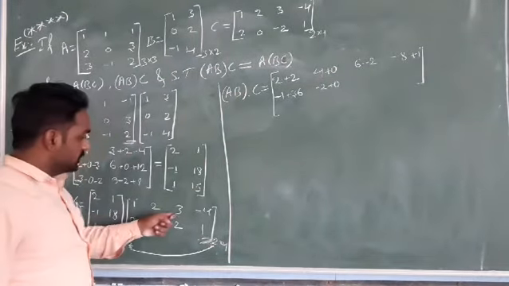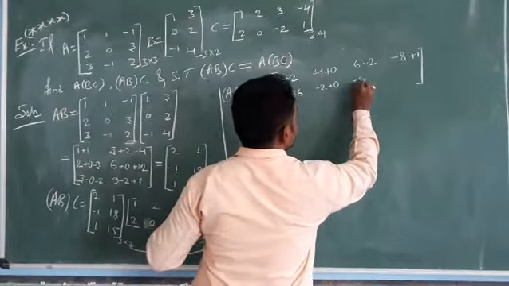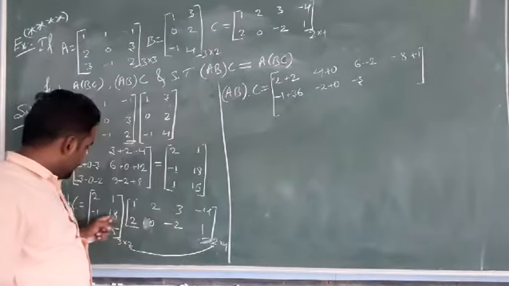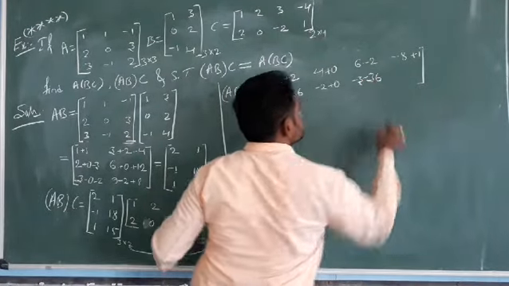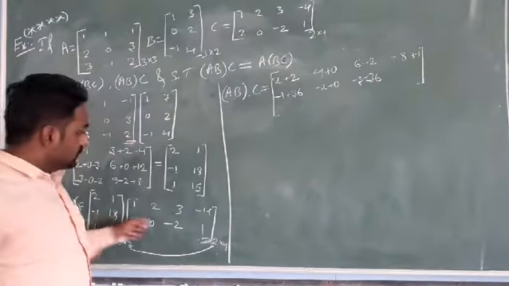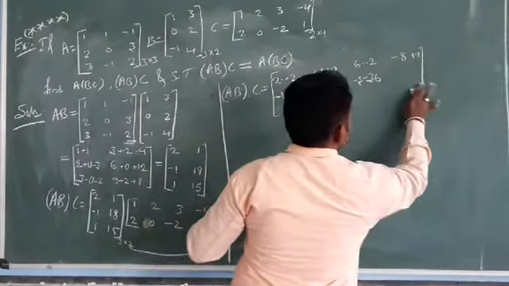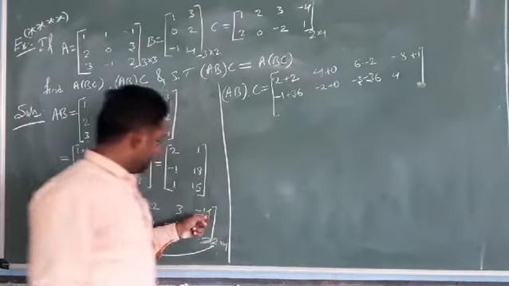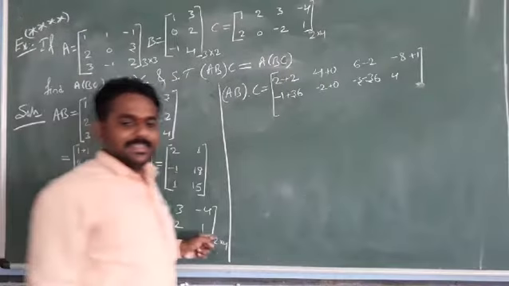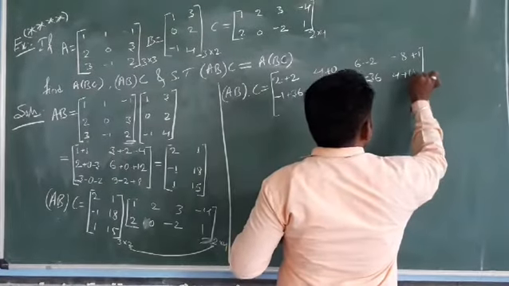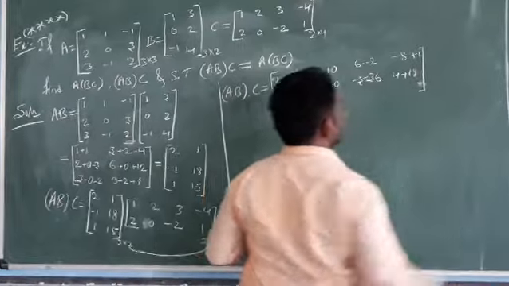Next, minus 1 into 3, minus 3. Okay. Next, 18 into minus 2, minus 36. Minus 1 into minus 4, that is plus 4. Okay. Next, 18 into 1, plus 18.